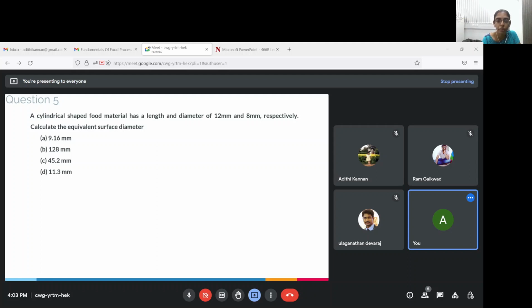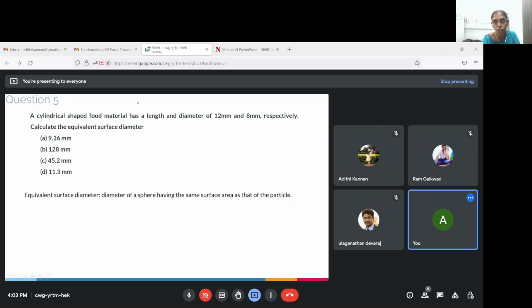So surface diameter, since your particles are irregular, you need to compare it with a sphere of a diameter that has the same surface area as that of the particle. So equivalent surface diameter is the diameter of a sphere having the same surface area as that of the particle.